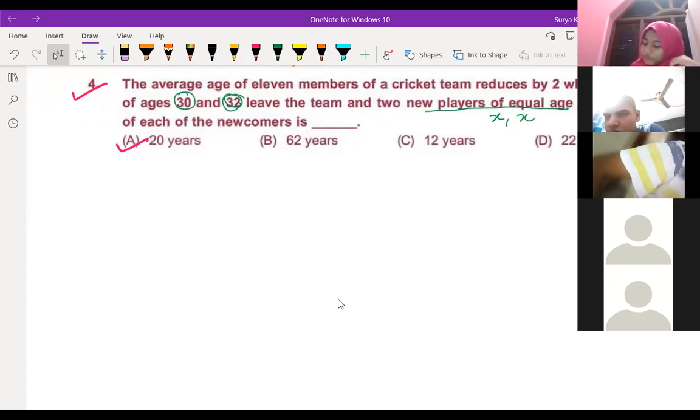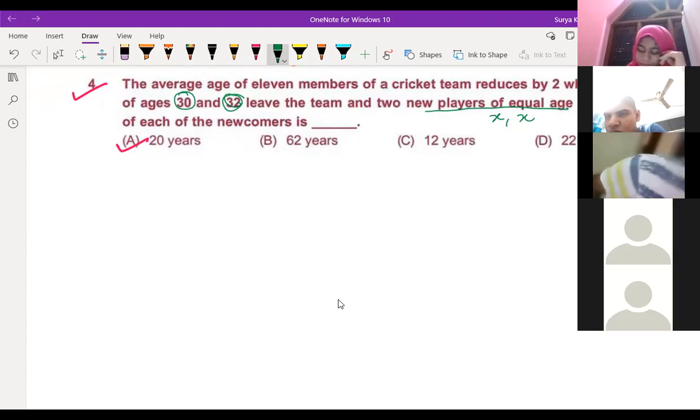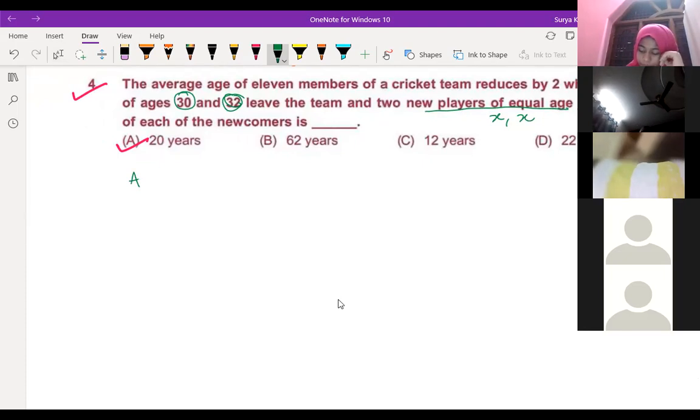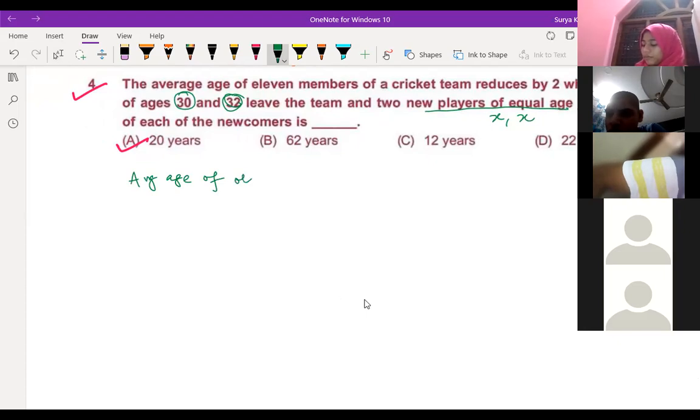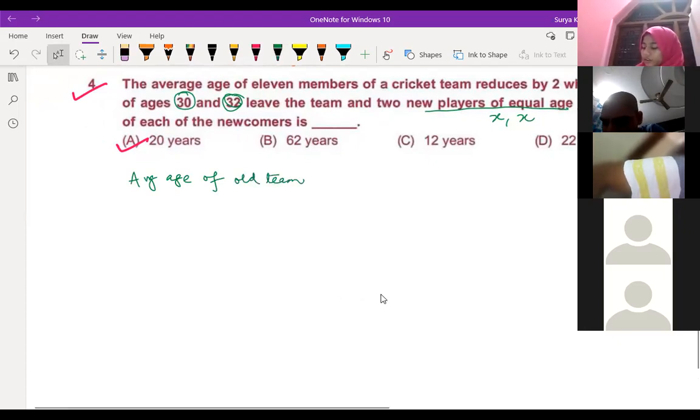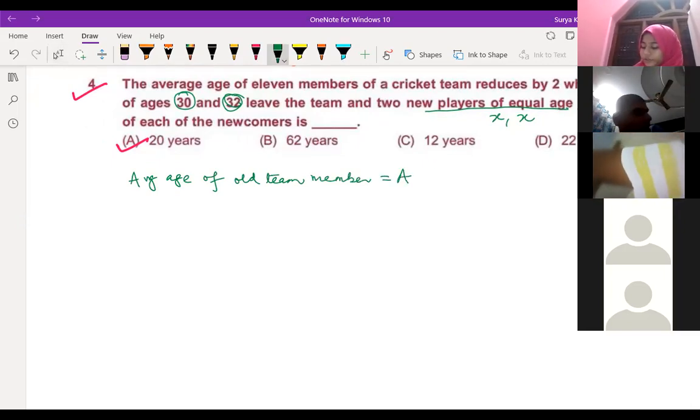So suppose the old members' average is something, let it be A. We have already let X be the new players' age, and they will let Y. So you can write here: average age of old team members, 11 members, is equal to A. Before it was A only, okay?